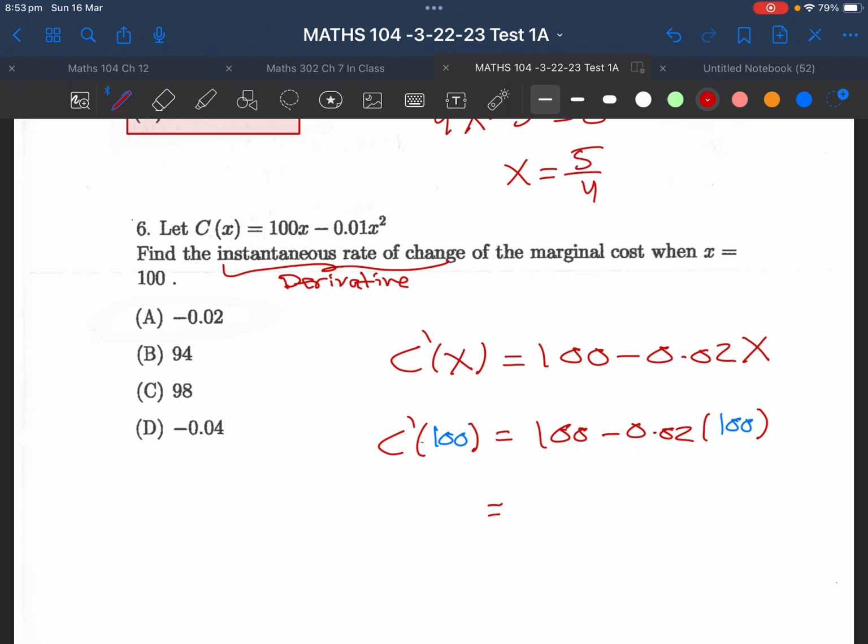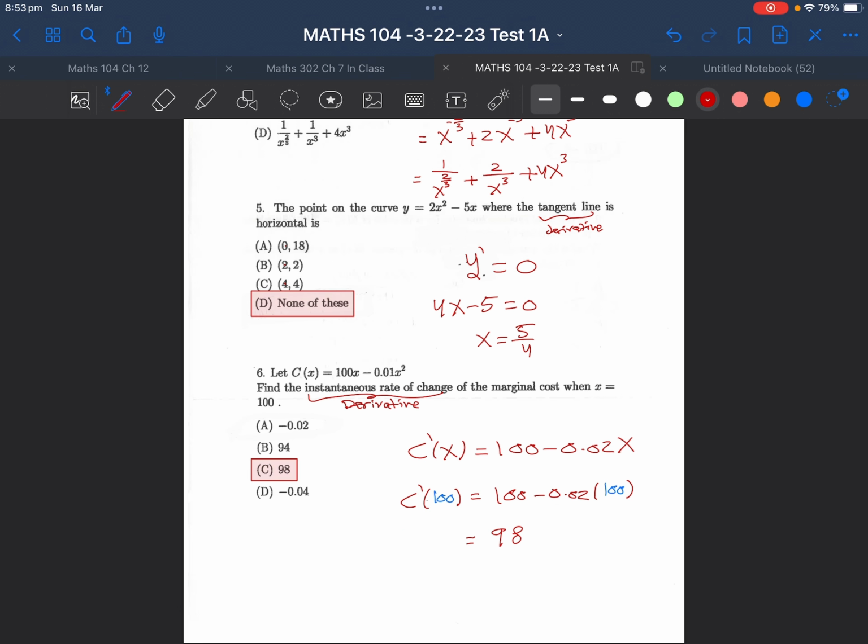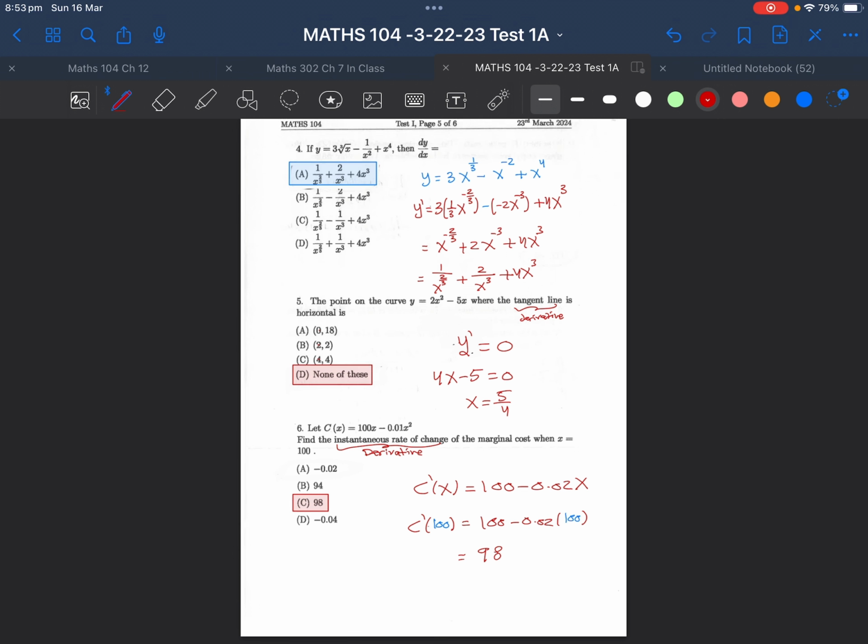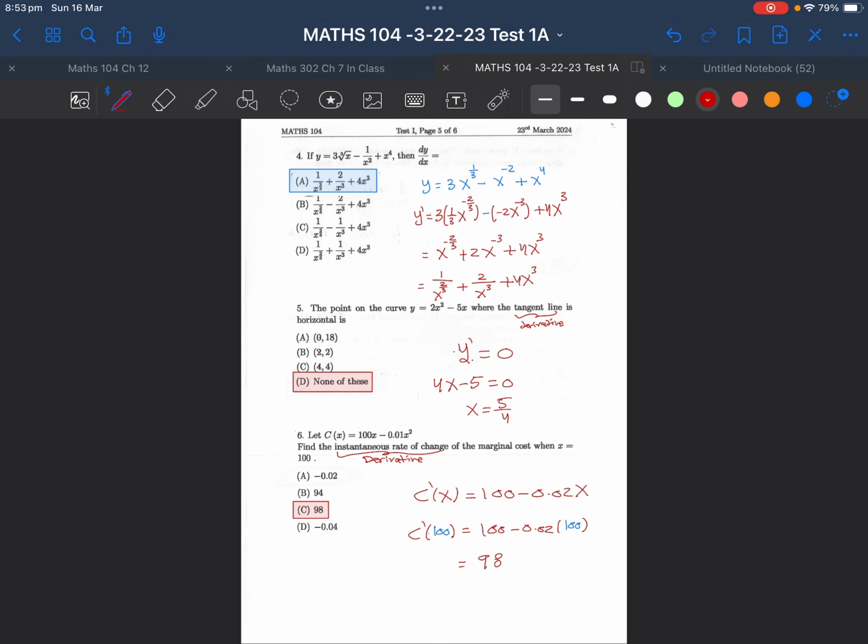So the final answer will be this one here. It will be 98. So we just go ahead and choose 98. That's the 3 questions here. That's how we do them.